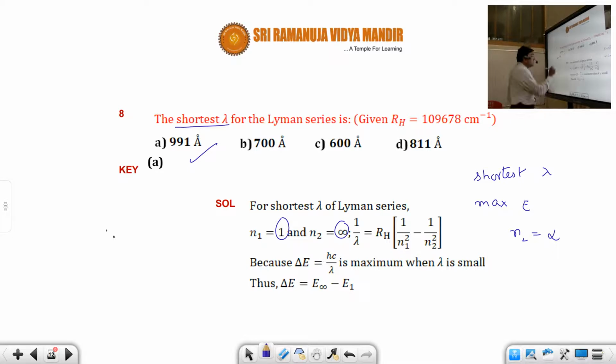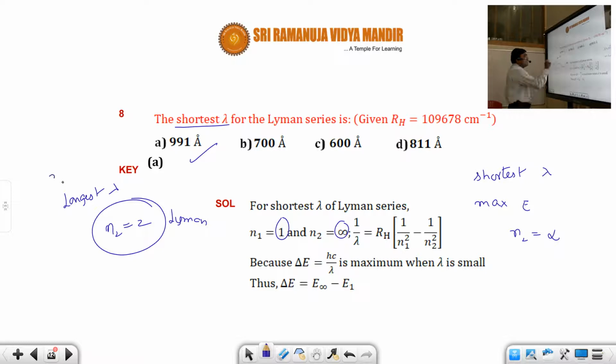Longest wavelength means what? N2 is equal to 2. I hope you understood for Lyman series. So this is for Lyman. This is longest wavelength or minimum energy. These fundamentals you should be very strong, because you know very well energy and wavelength are inversely proportional.